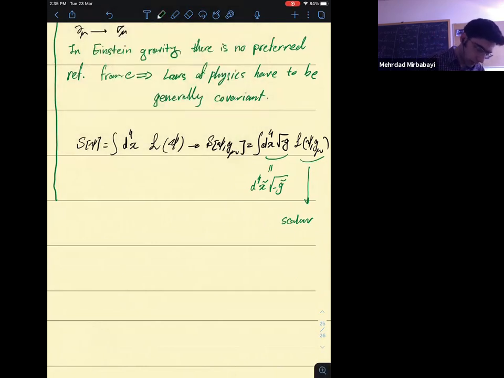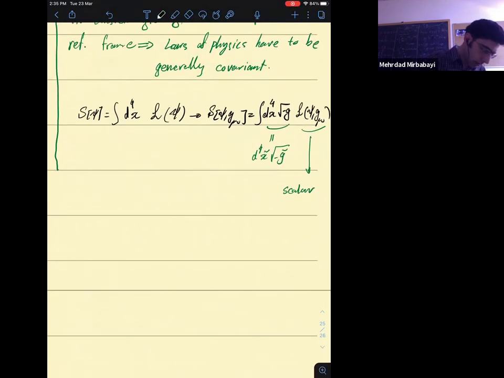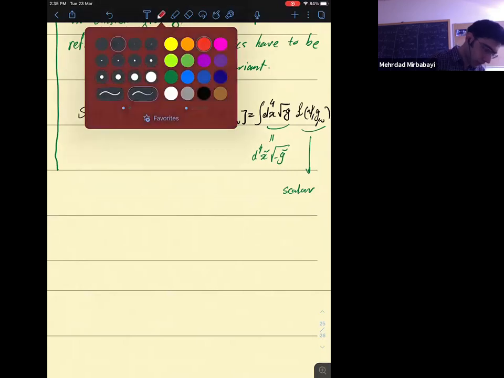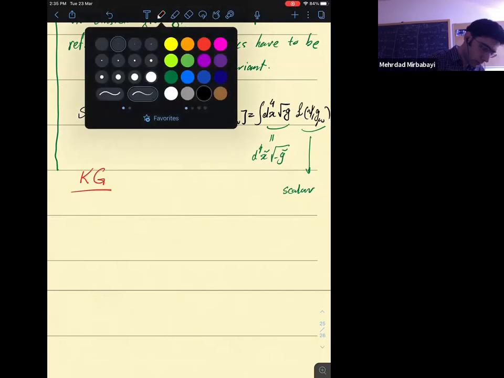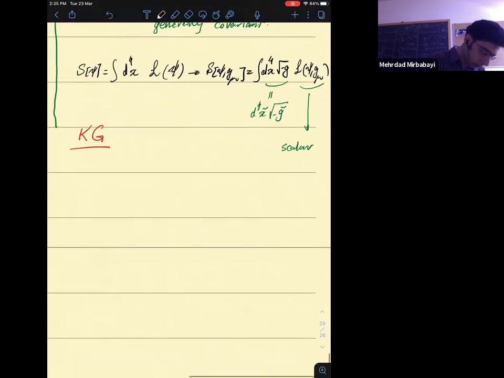So for instance, in the case of Klein-Gordon theory, we have the Klein-Gordon Lagrangian, which depends on the field phi and g mu nu in the following way.